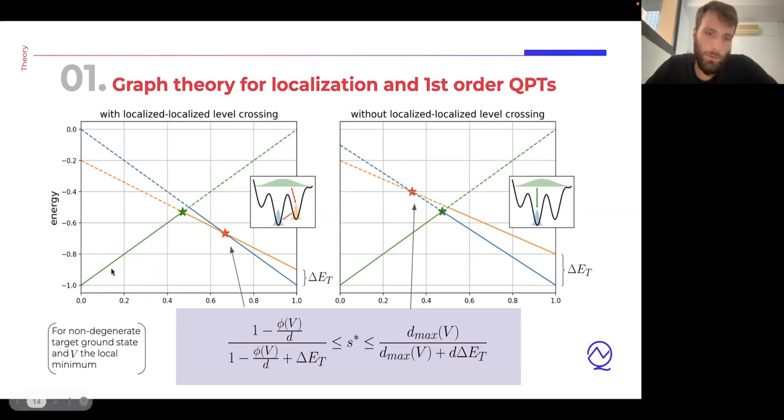And one way where the first order transition in this type of problem could be avoided is by something as simple as introducing even a stochastic catalyst. If we're a little lucky, the effect of a stochastic catalyst will be that the delocalized energy turns from a straight line into a parabola that's coming down a little bit further, right?